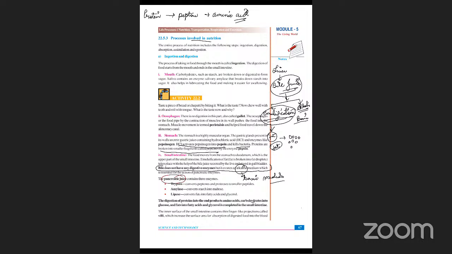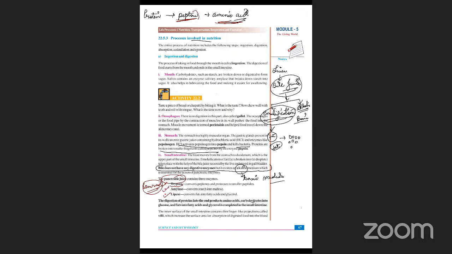Pancreatic juice is coming from the pancreas. The pancreas releases pancreatic juice. Pancreatic juice is of three types: trypsin, amylase, and lipase. Trypsin. So we learned that pepsin did half the work. Yes, pepsin converted proteins into peptones and then the amino acid form.